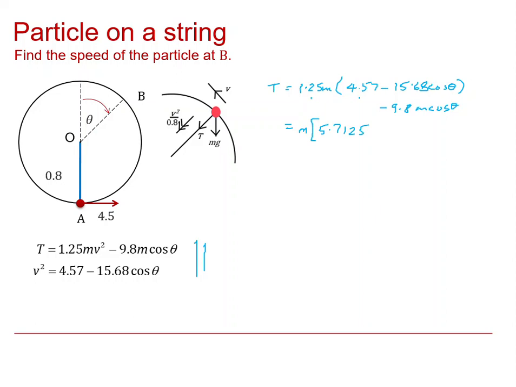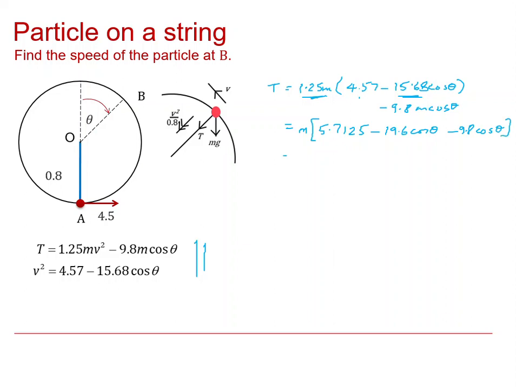And then we've got a 1.25 times 15.68, and that's subtracted, and there's an additional 9.8. So that gives us 19.6 for the first combination times cos theta, and we've also got the minus 9.8 cos theta that's left over on the second line.